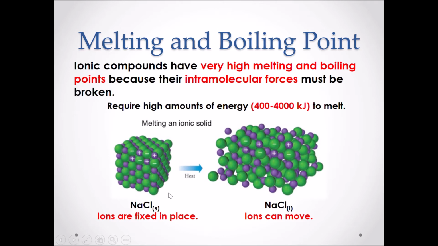The bonds must be broken in order for these substances to melt and or boil. As we're saying, this requires a high amount of energy. Therefore, we can see in our picture, when we melt NaCl solid, we are actually breaking that crystal lattice structure and separating the ions.